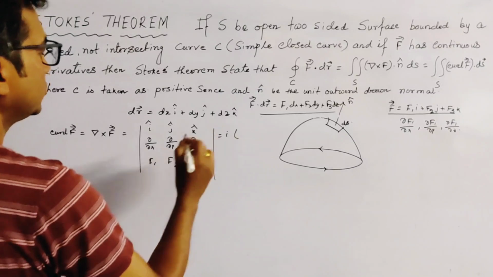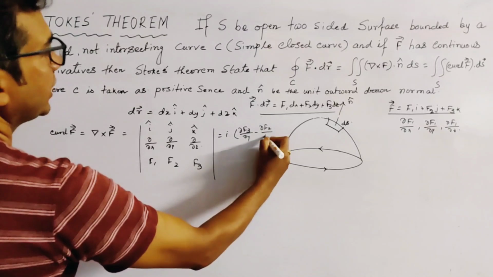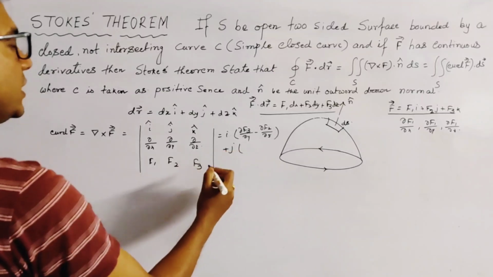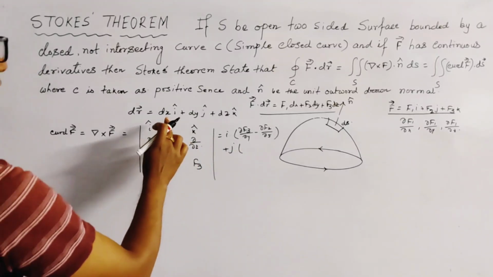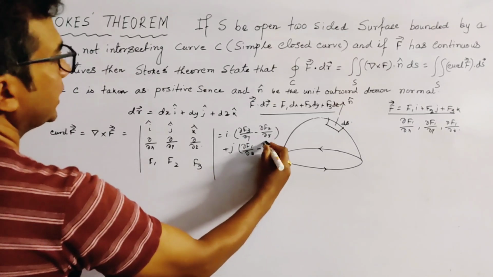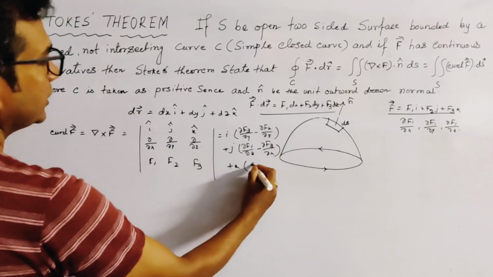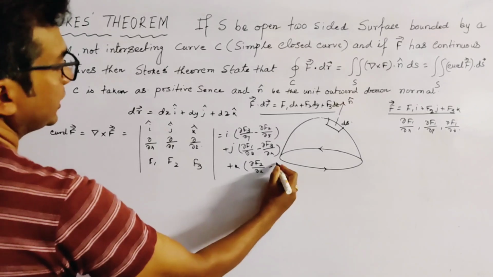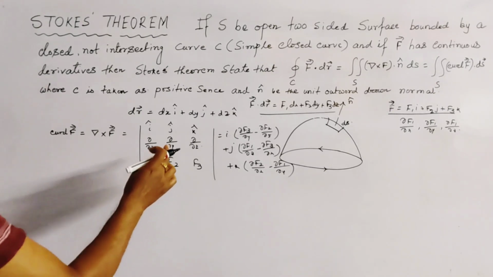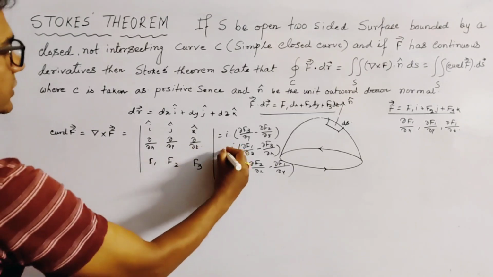So it is i into del f3 by del y minus del f2 by del z, plus j into del f1 by del z minus del f3 by del x, plus k into del f2 by del x minus del f1 by del y.